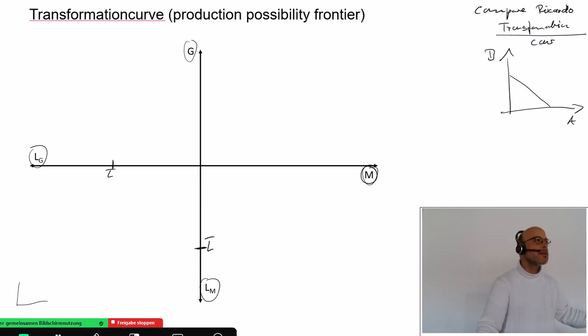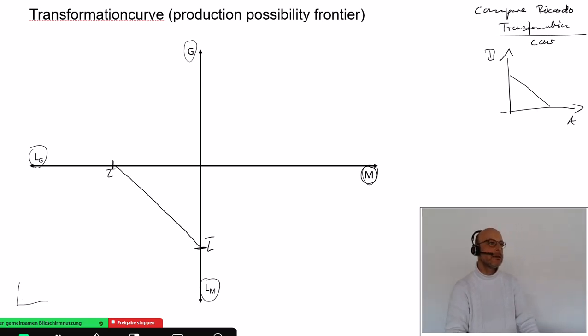But what is also possible is that some people are working in the industrial sector and the other L bar minus this amount of people is working in the other sector. How does it look like in our graphical representation? This is just the linear line with a slope of -1.